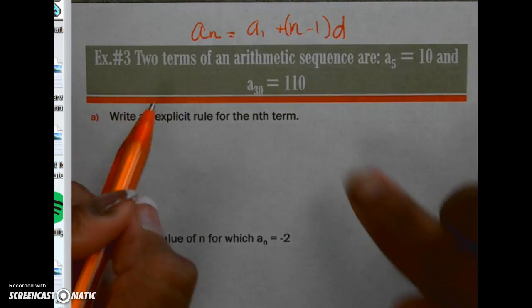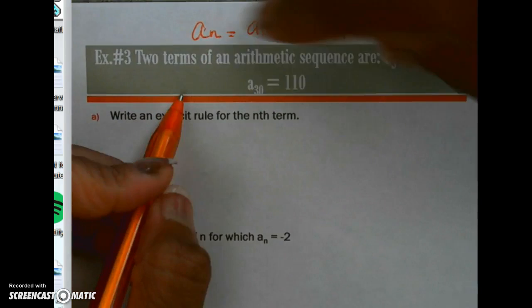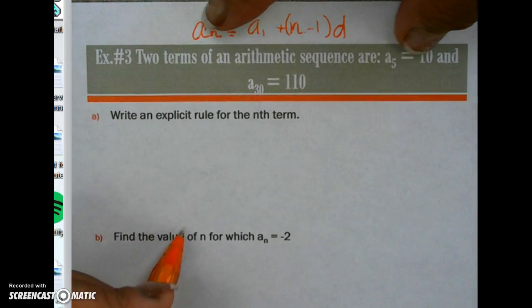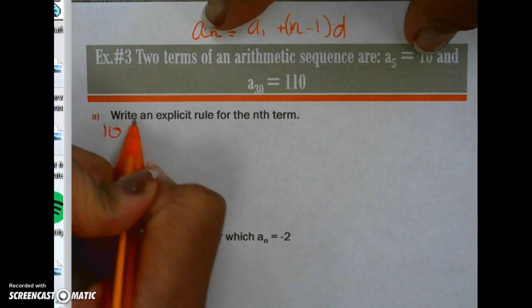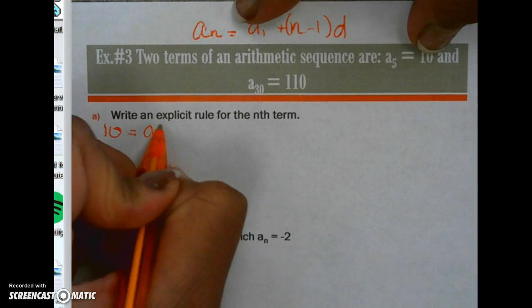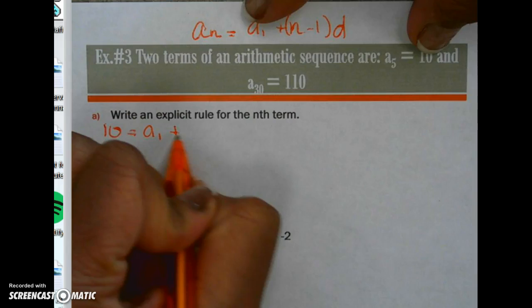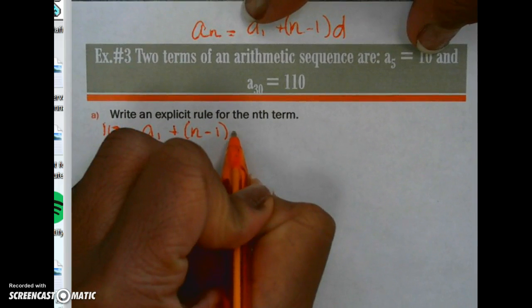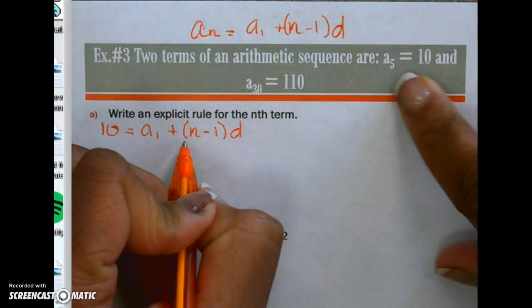So plug in everything we know for each of these. So the first one, a sub n, the nth term, the 5th term is 10, equals a sub 1, question mark, plus n minus 1 times d. I don't know what the d is. I do know what the n is, though. What's the n? n is 5.